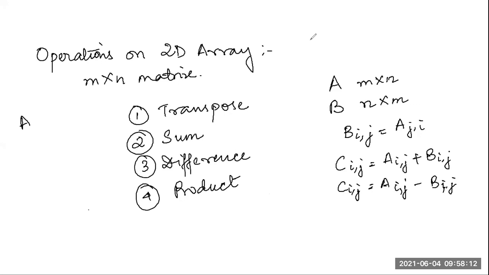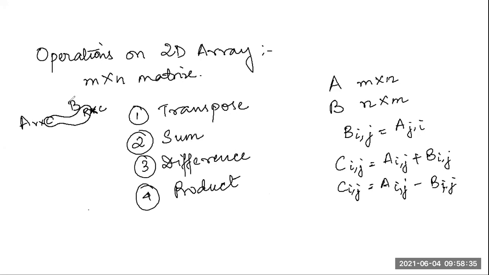Suppose I have a matrix A which is row into column, and another matrix B which is row into column. Now the number of columns of matrix 1 must be equal to the number of rows of matrix 2.